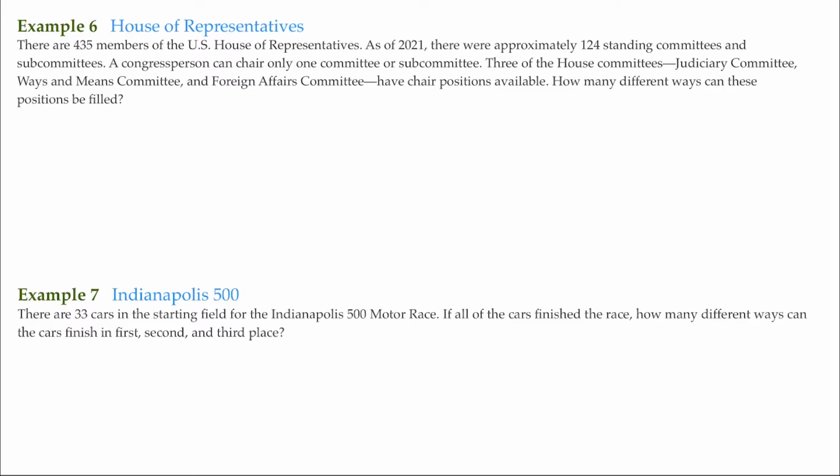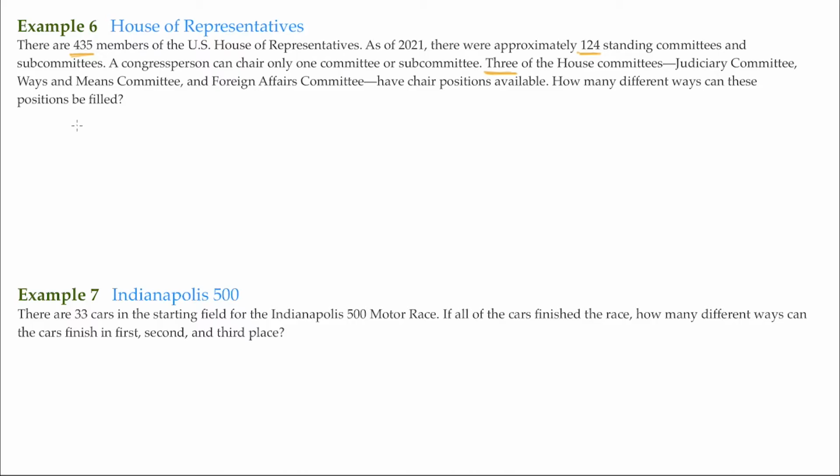So a few things to point out. We have 435 members of the House of Representatives. There are 124 committees or subcommittees, and any congressperson can chair only one of those committees. And then there are 3 yet to be filled.